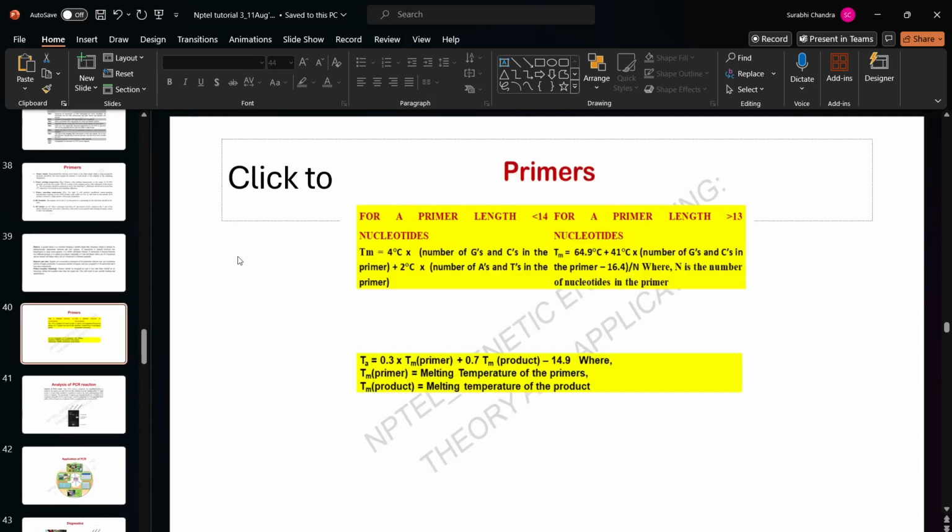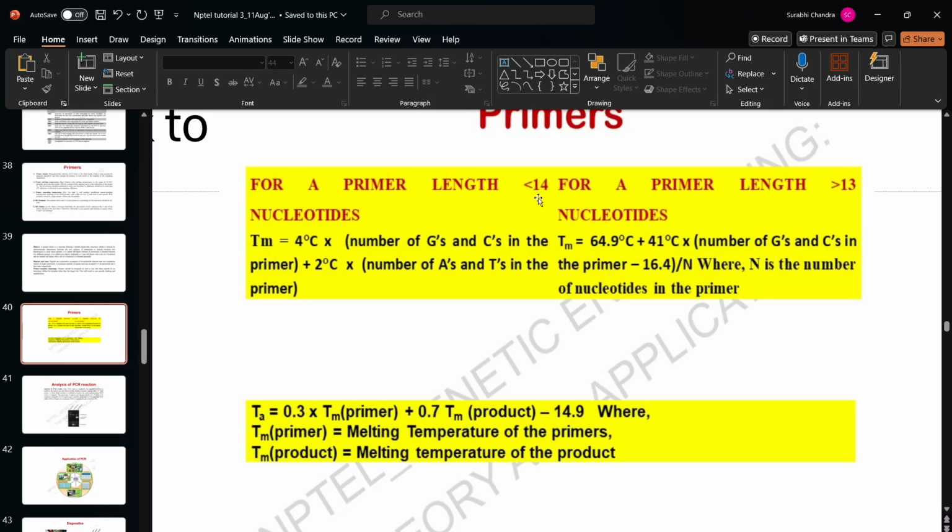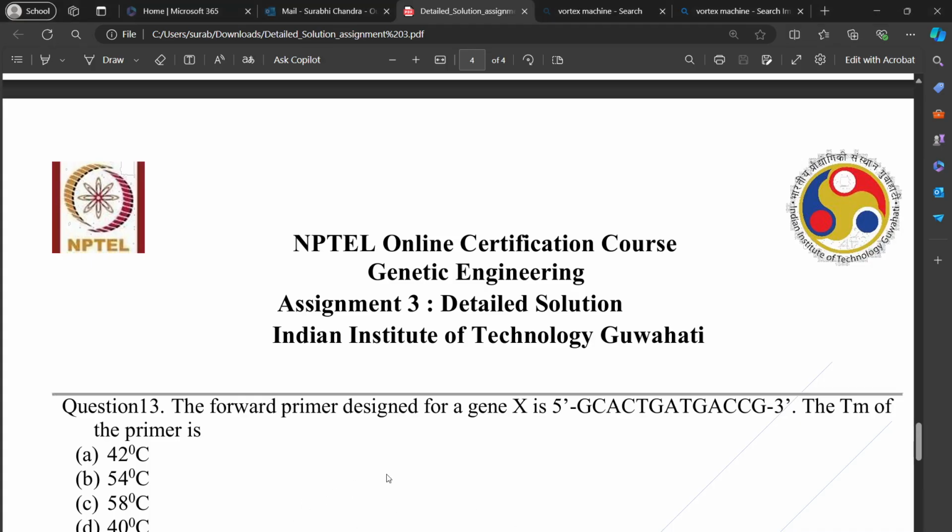For less than 14 nucleotides, you can use 4 degrees into the number of G and C plus 2 degrees into the number of A and T. So G and C: 1, 2, 3, 4, 5, 6, 7, 8. 4 times 8 is 32, plus 2 into 1, 2, 3, 4, 5, which is 10.